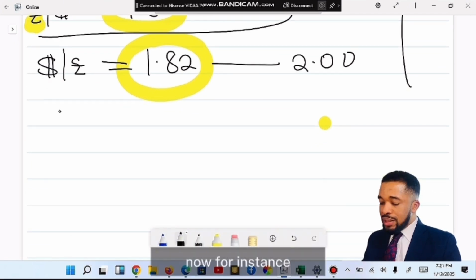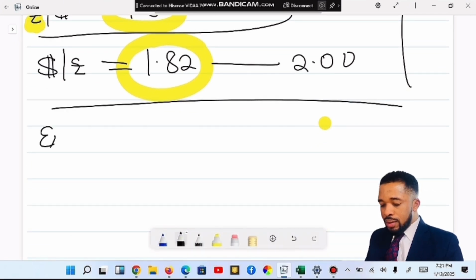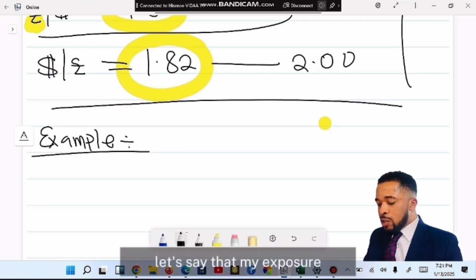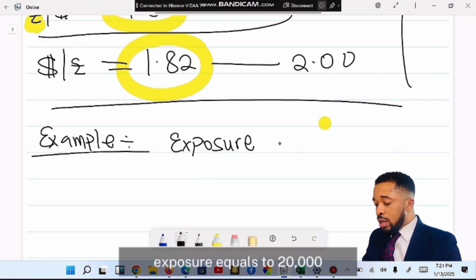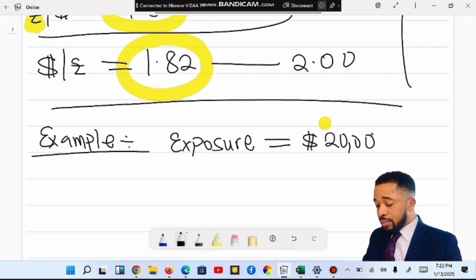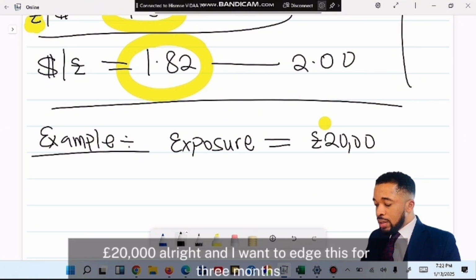Now, for instance, let's say that my exposure equals £20,000.